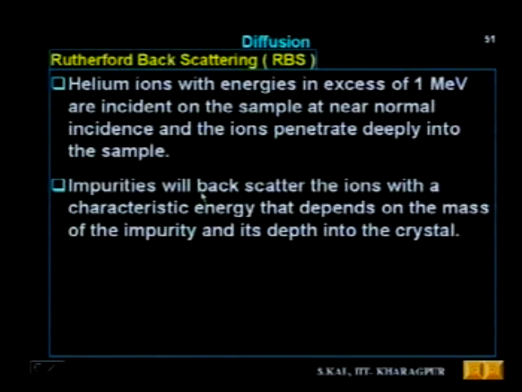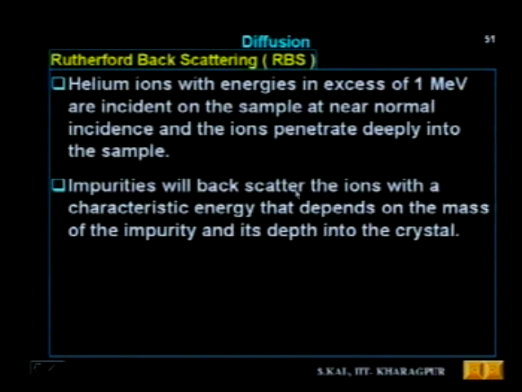Impurities will backscatter the ions with a characteristic energy that depends on the mass of the impurity and its depth into the crystal. You see here, the characteristics of the backscattered ion will depend on the mass of the impurity and the depth into the silicon crystal.